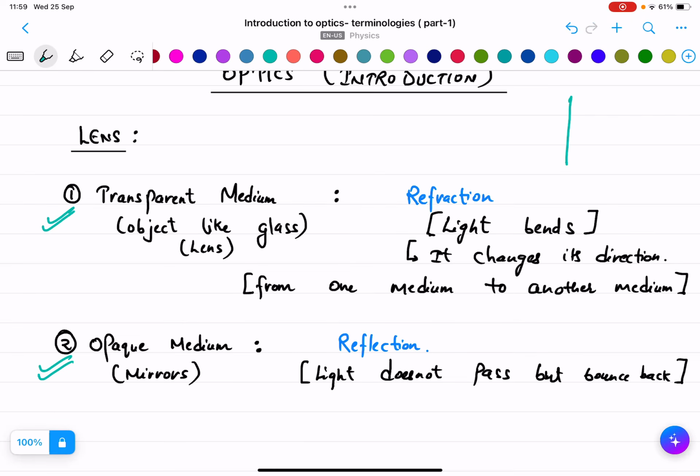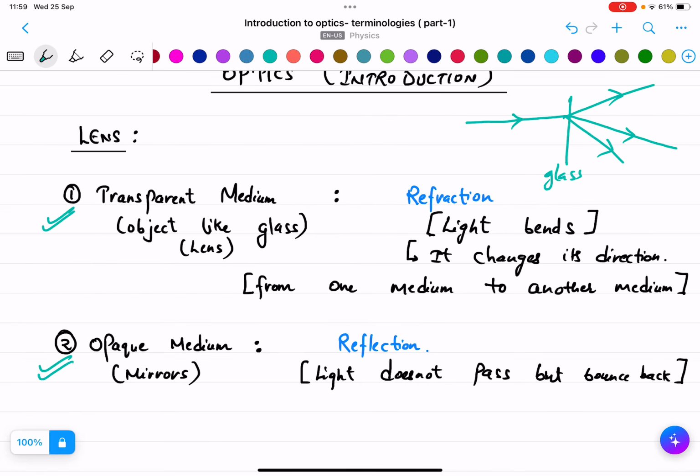Suppose it is some kind of an object, some kind of a medium. Let us say it is a glass. So when we speak about refraction, that means a light is traveling like this, and when it passes through a glass, it will bend and it will change its direction. It can go like this, it can go like this, in any case it can go.